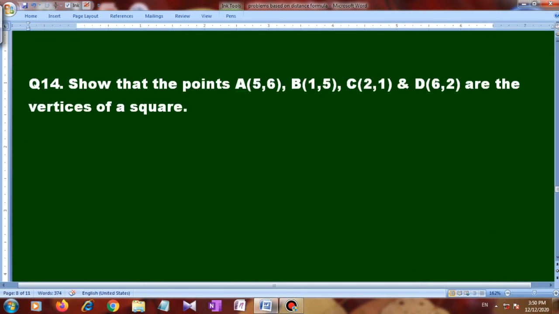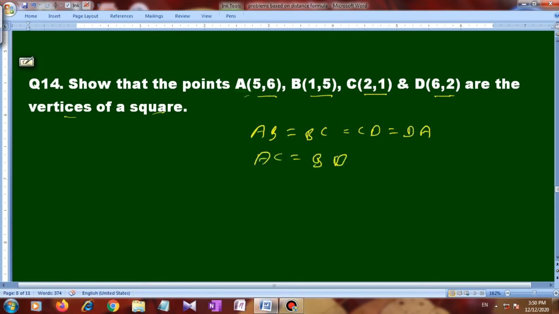Now the next question: show that the points A 5 comma 6, B 1 comma 5, and C 2 comma 1 and D are the vertices of a square. This is the same as the above question. In this type of question, we first find the sides AB, BC, CD and DA, and the two diagonals AC equal to BD.